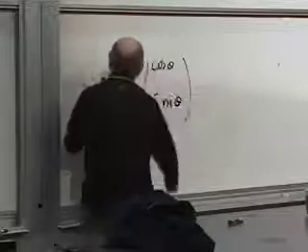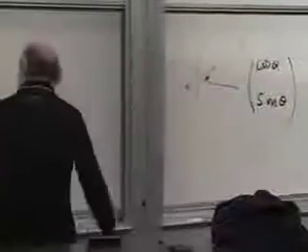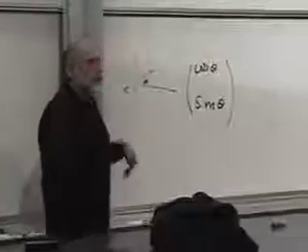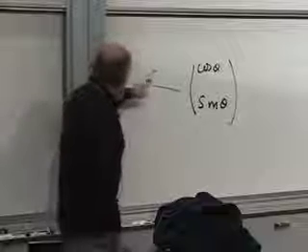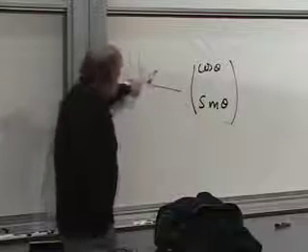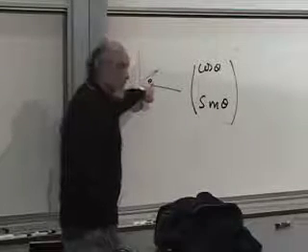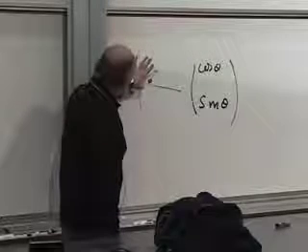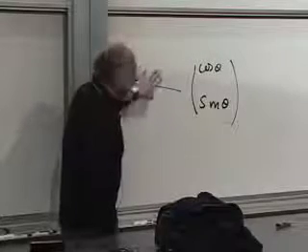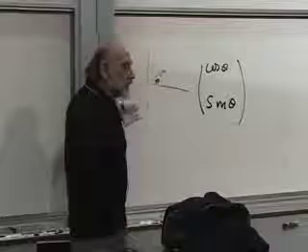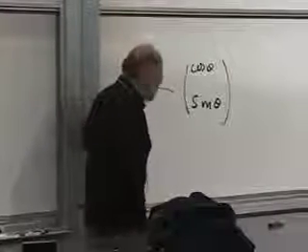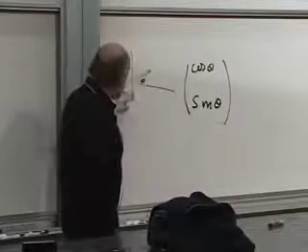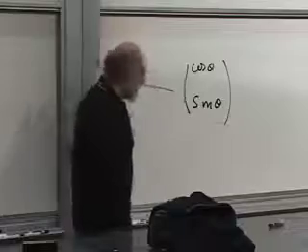And now let's ask, supposing we start with this photon, and instead of measuring the circular polarization or the elliptical polarization, let's measure the linear polarization along the axis theta. That means put a linear polarizer along the direction theta, and see what the probability is that you go through. What's the probability that it's polarized along the theta axis?